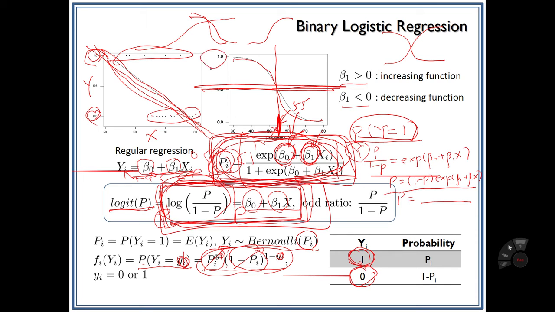Class 1, right? Because the computed probability is greater than 0.5. If the x variable is greater than 55, this area, we predict the data into class 0, right? Because the computed probability is less than 0.5.